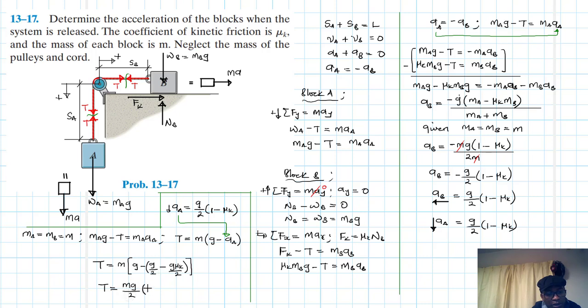Then this part just becomes 1. Then the minus by minus just becomes plus mu_k. So this is a constant, and this is really about it. So we have found a_B, okay, and a_A, and these have the same magnitudes, okay. And we also decided to just find T, which is also the same.